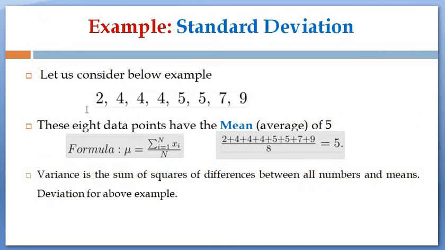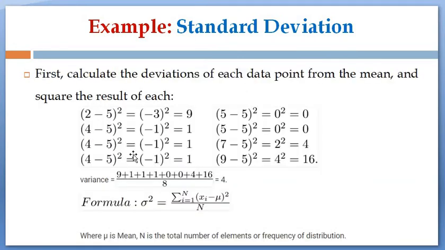Consider our example. These are my data points. These 8 data points have the mean average 5, and how to calculate that? The sum of all these numbers divided by the total numbers, and in this way I get the value 5. So variance is the sum of squares of differences between all the numbers and the mean. So here, 2 is my data point minus 5, my mean value, and its square.